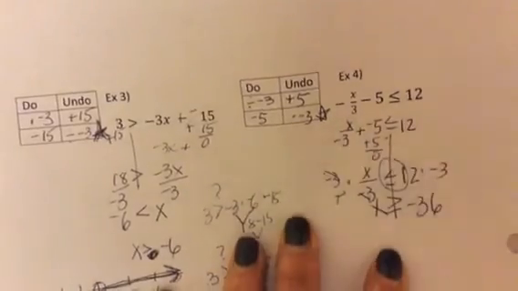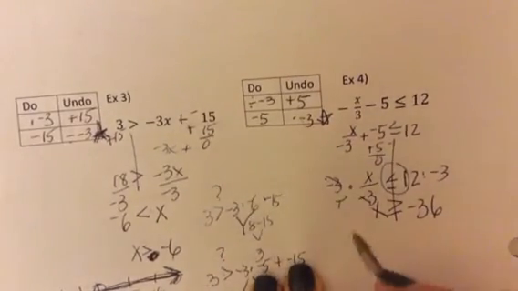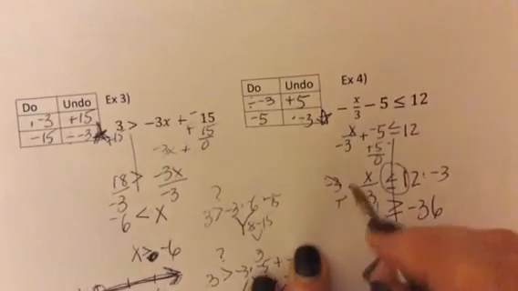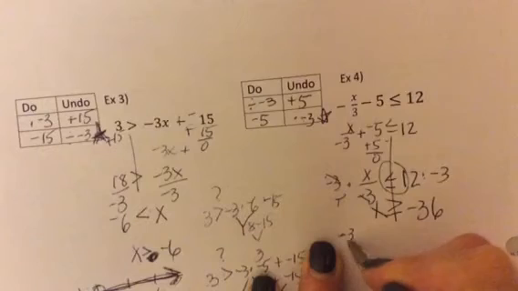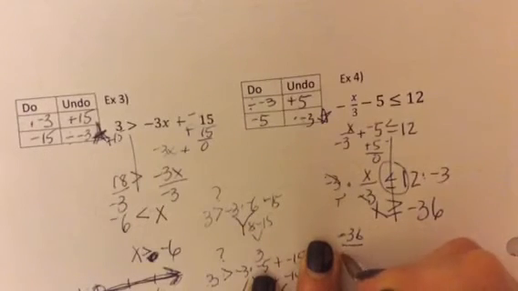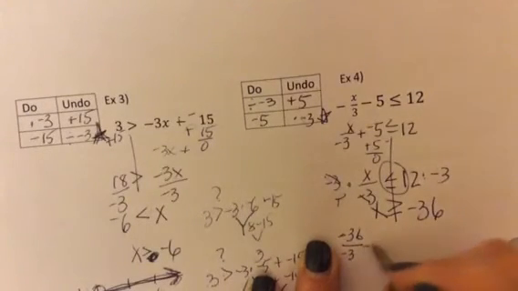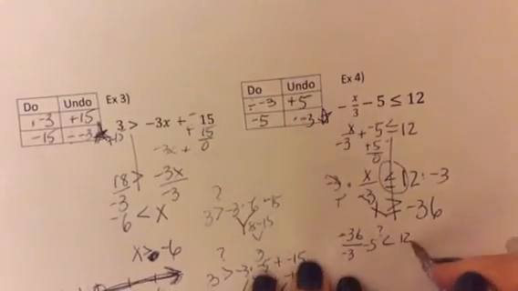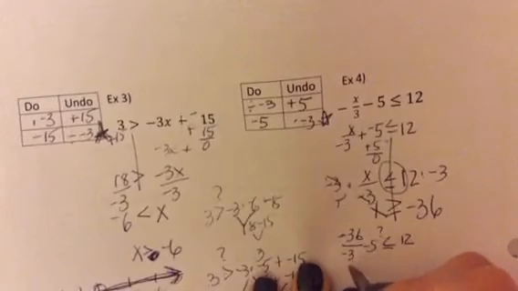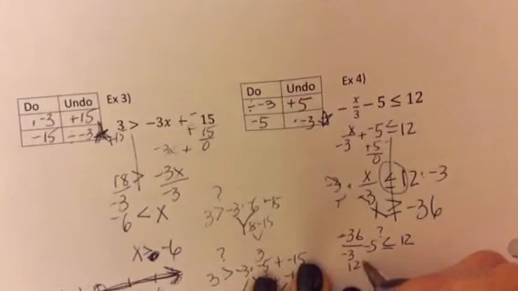And if we go back and check, I'm not going to graph it this time, but we'll put in negative 36 divided by negative 3 minus 5. Is that less than or equal to 12? Should be equal. Let's see. So I get 12, wait a minute, negative 36.